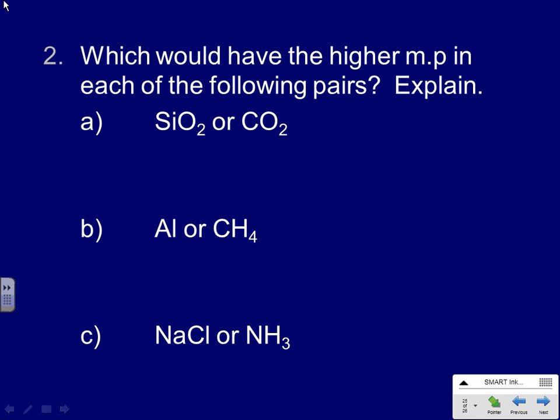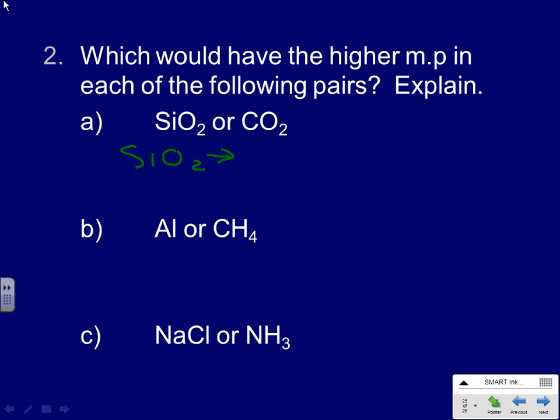Which would have the higher melting point? SiO2 or CO2? Yes, Jess? SiO2. Why is that? What is silicon dioxide? And what are you chemically breaking?